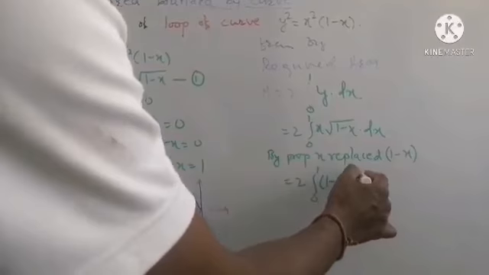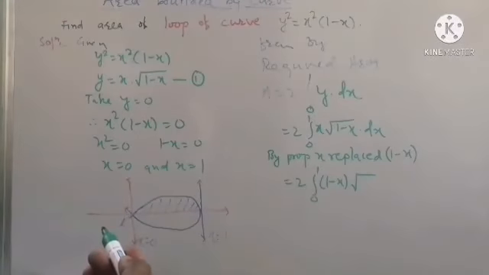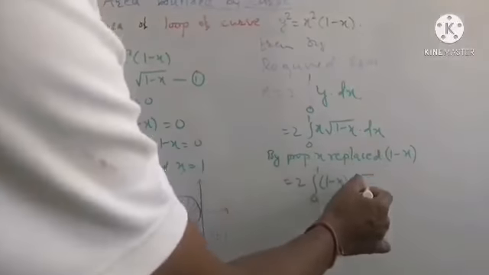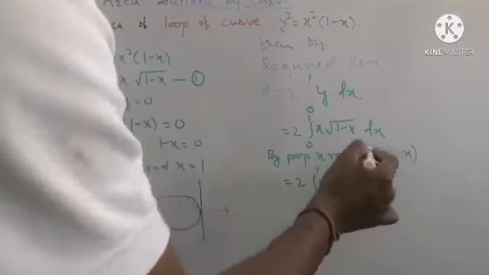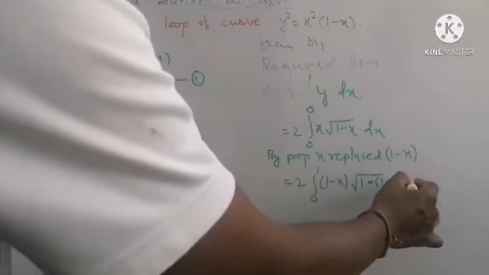So in the integrand, the first term x becomes 1 minus x, and in the root, 1 minus x is replaced by 1 minus (1 minus x), dx.